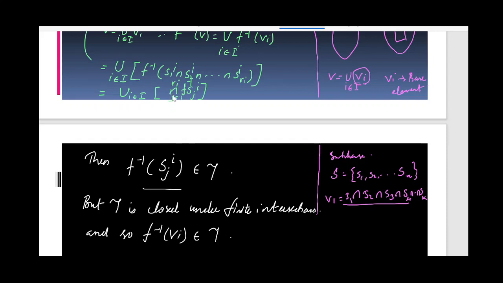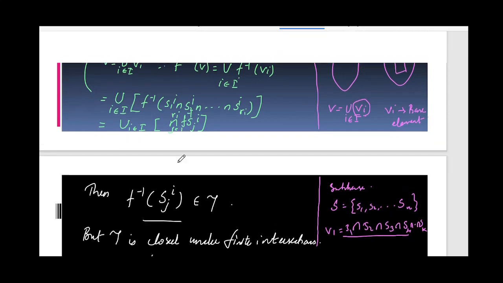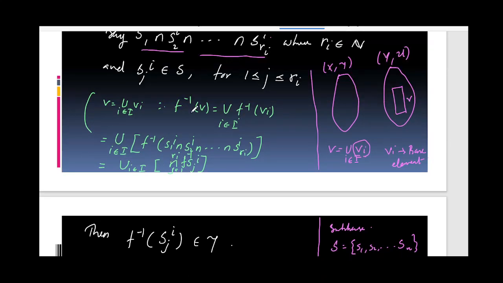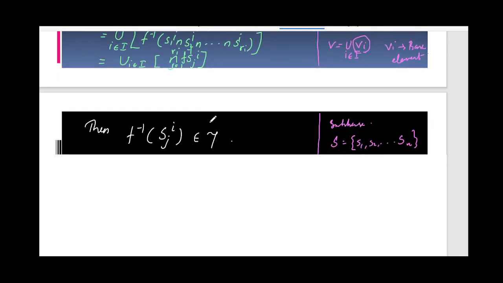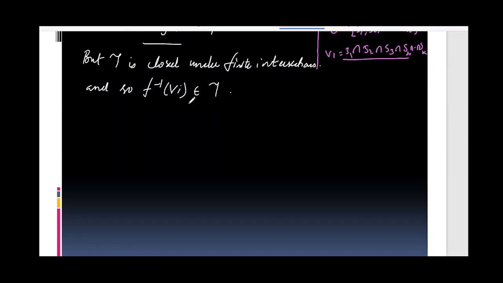Therefore, this quantity, intersection j equal to 1 to Ri of F inverse of Sji, also belongs to the topology. Then again, it is closed under arbitrary union. So the union of this is again in the topology. That means F inverse of V belongs to your topology. So F inverse of Vi belongs to the topology.